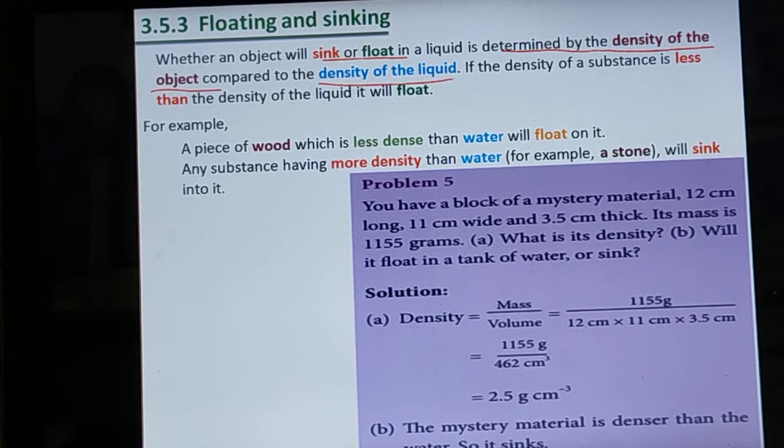Here, we can have an object. Whether that object is going to sink or float on the liquid, how do we come to know that? By comparing the density of the object with the density of the liquid. If the density of the substance is less than the density of the liquid, then it will float.